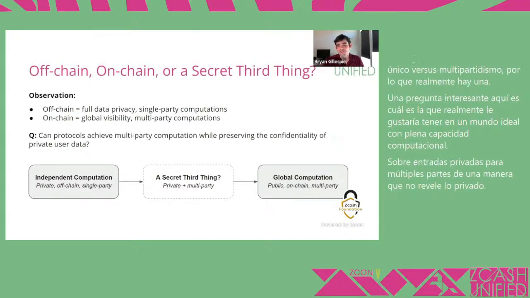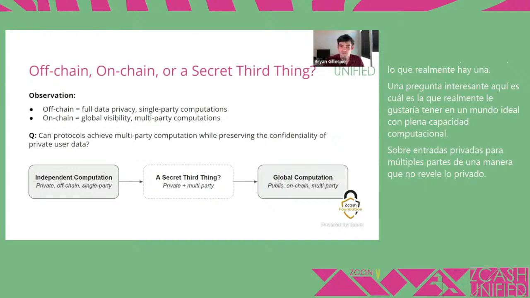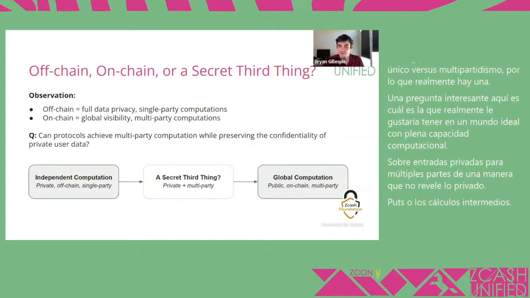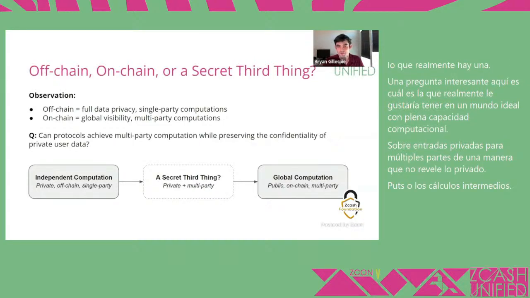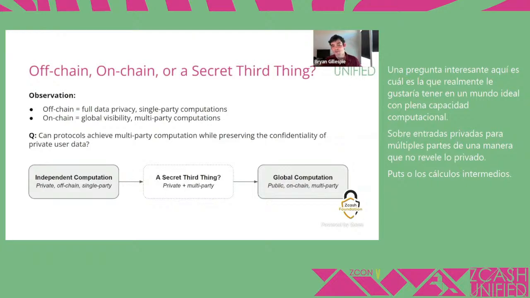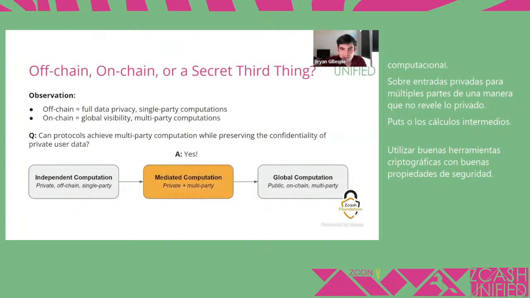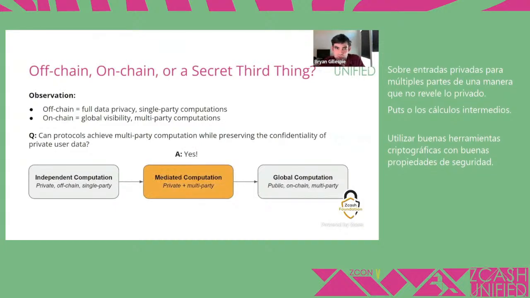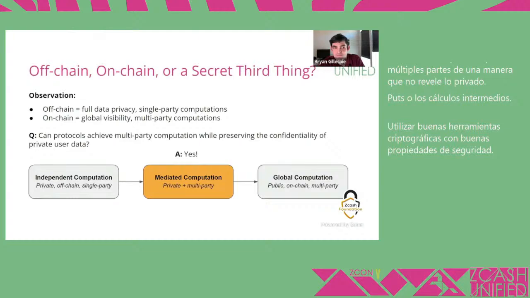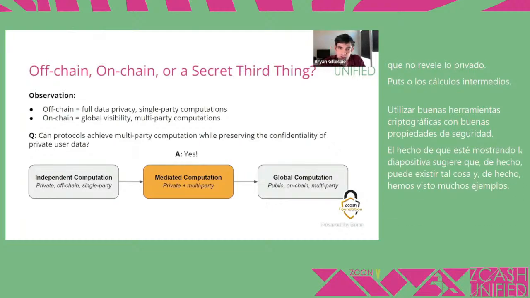And so the question is, are there ways to accomplish this in a cryptographic way using good cryptographic tools with good security properties? The fact that I'm showing this slide suggests that there may in fact be such a thing. And in fact, we've seen many examples of this when we looked at various protocols that we studied.